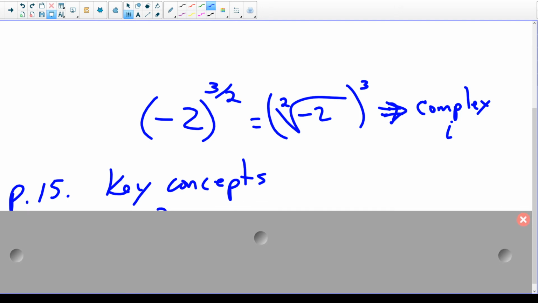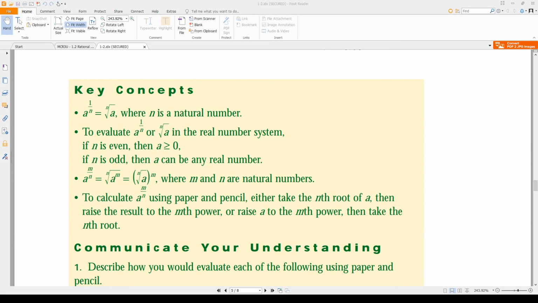So on page 15 of your textbook, so let me call up your textbook here. As we've discussed before, in math textbooks, there's often a summary or a key concepts area. This is on page 15 of your textbook.